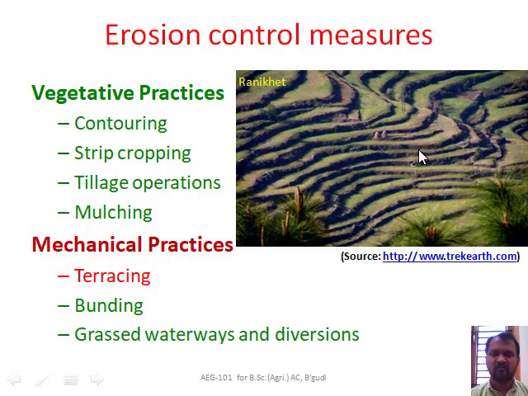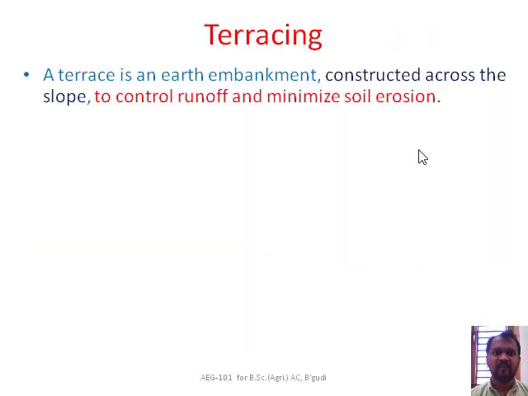We'll see what terracing is. A terrace is an earth embankment constructed across the slope to control runoff and minimize soil erosion. These are the two purposes: to control runoff and minimize soil erosion.